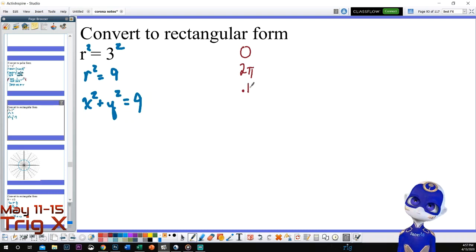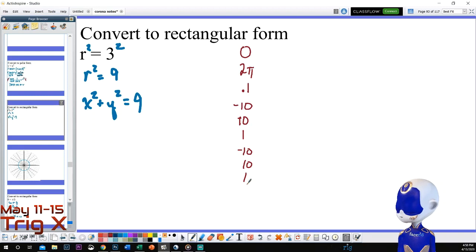So 0.1, that would be fantastic. You can think of it as every 1/10 of a second it's going to take a picture. Then your x min and x max, I'm just going to do -10 to 10 and count by ones. Your y, I'm just going to go -10 to 10 and count by ones again.